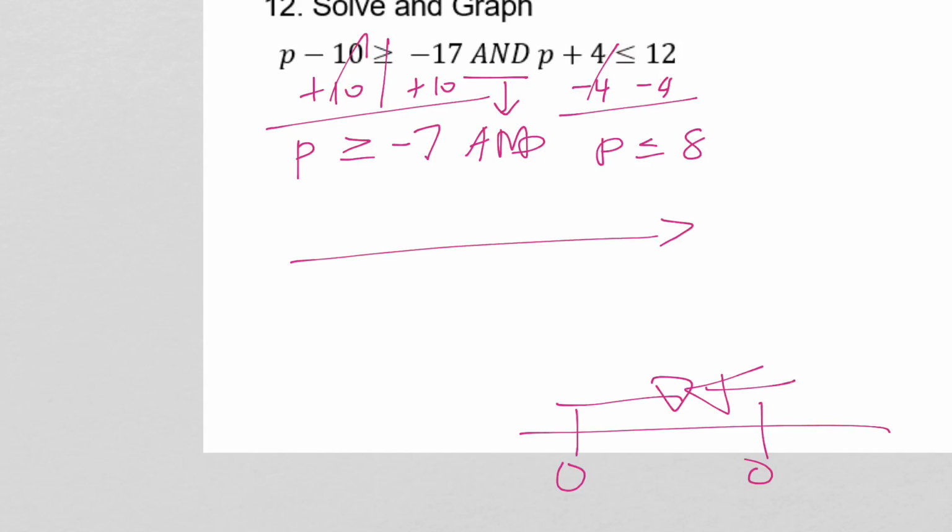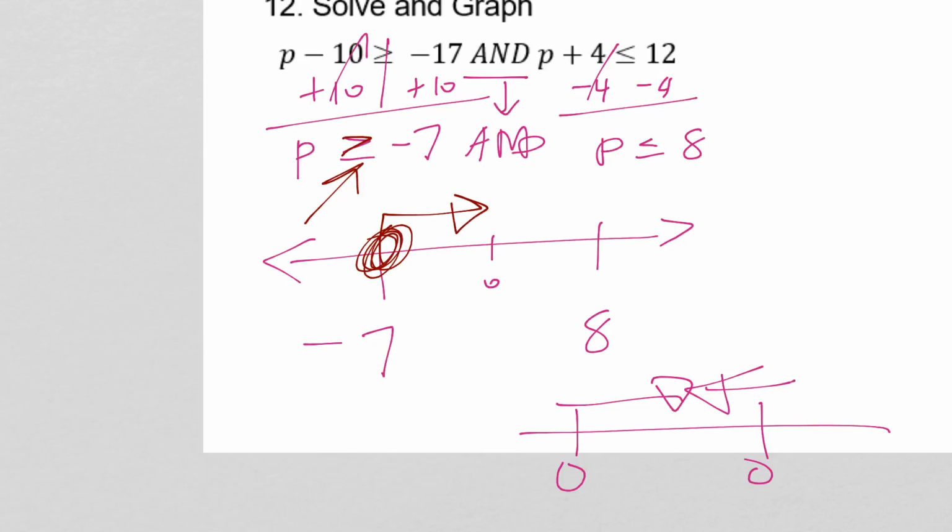So when I graph this, at negative 7 on my number line, closed circle because of the equal to part, and the inequality points to the right, and at 8, it's a closed circle because of the little equal to line, and the inequality points to the left. So the solution is from negative 7 to 8 and everything included, because the dots are colored in.